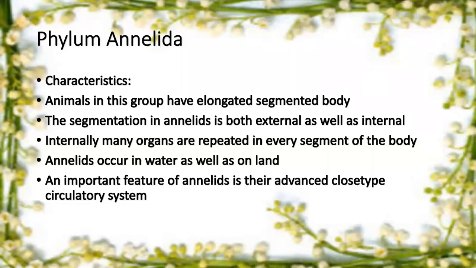What do you mean by many organs? It means the digestive organs, the circulatory organs, the respiratory organs which annelids have. They are found in each and every segment.